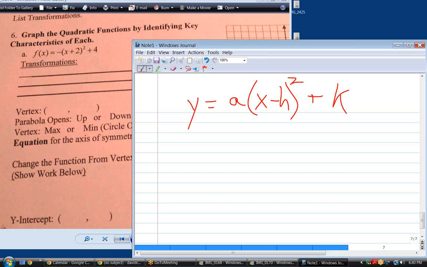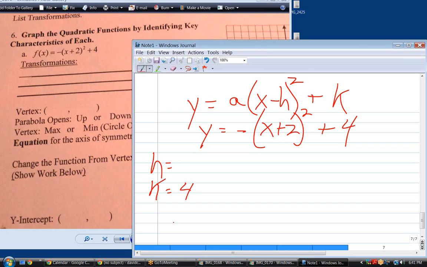So what's the vertex of this parabola? Remember, I've got it minus times x plus 2 squared plus 4. So what's h? Remember, the vertex is h comma k. So from this, we need to figure out what h is and what k is. So k would equal 4. Okay, what's h?